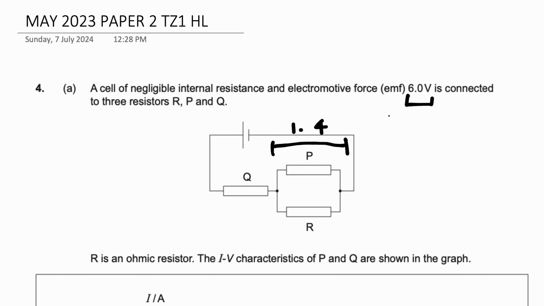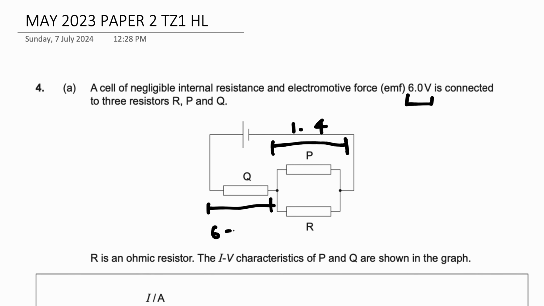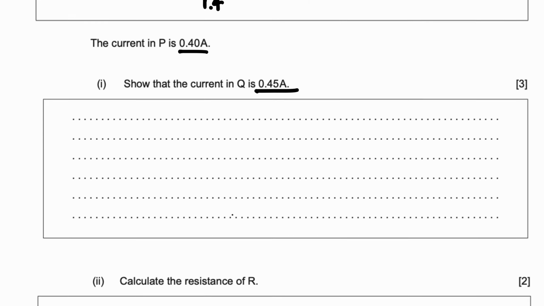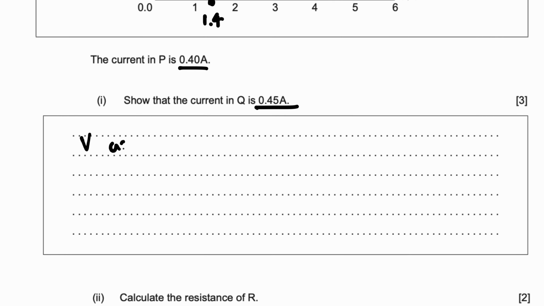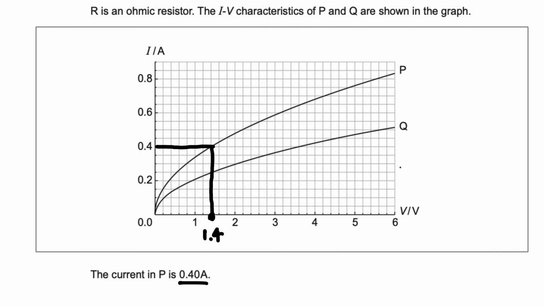So the voltage difference across Q must be 6 minus 1.4. So V across Q is 6 minus 1.4, which is 4.6 volts. Okay, so when Q has a voltage difference of 4.6, let's find that on this graph.